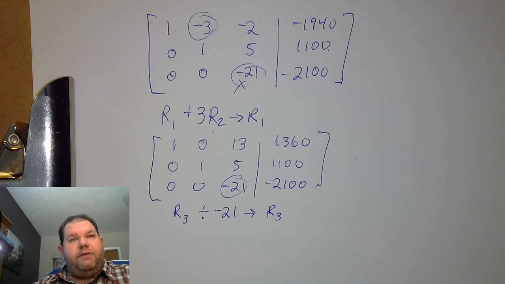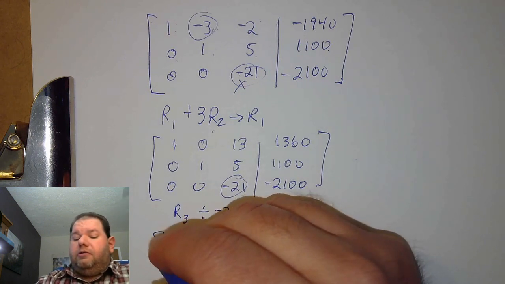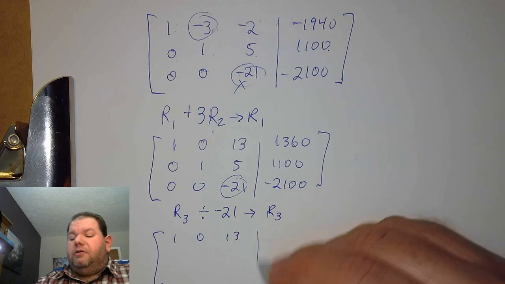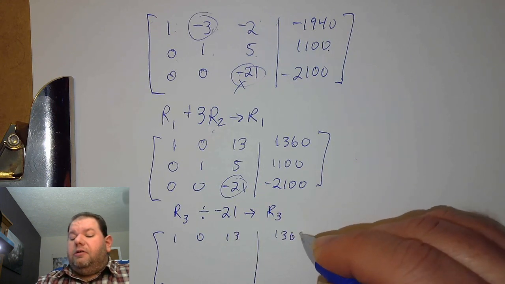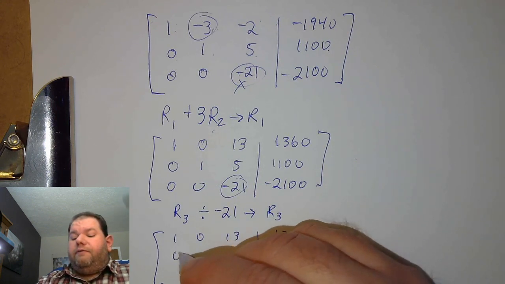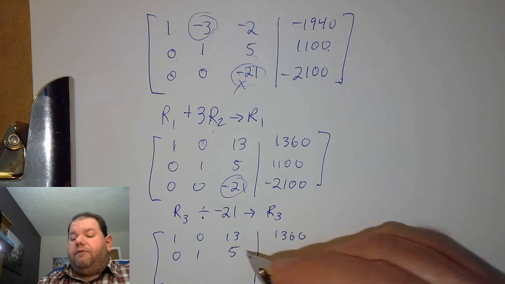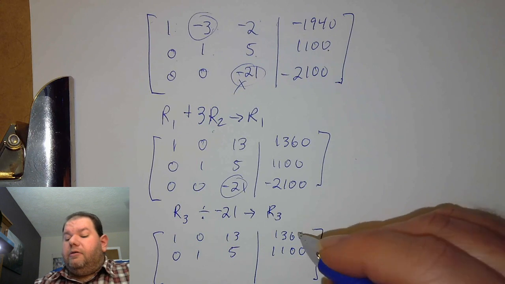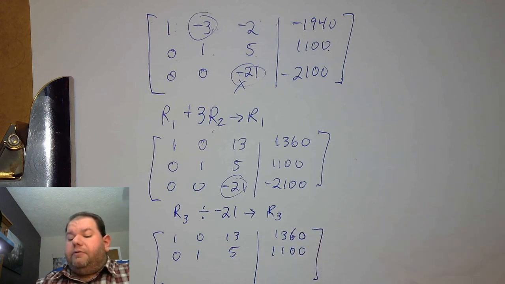That's kind of ironic when I say it that way. Anyway. So we're just dividing row 3 by negative 21. Now this is great. Let me make sure I write that correctly. Okay.